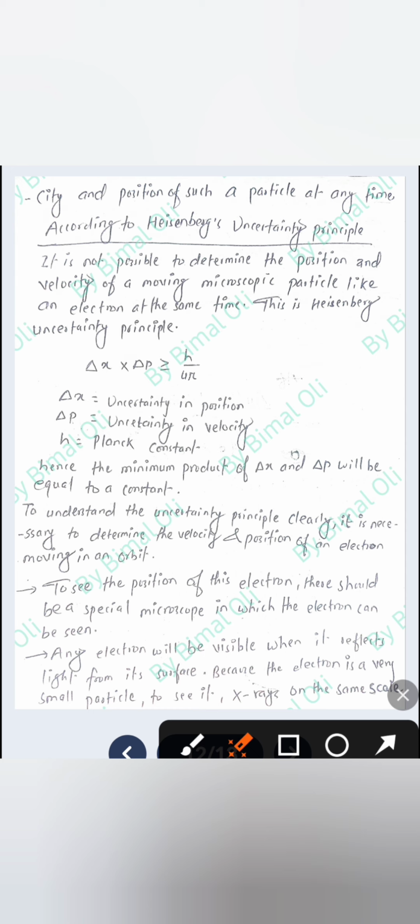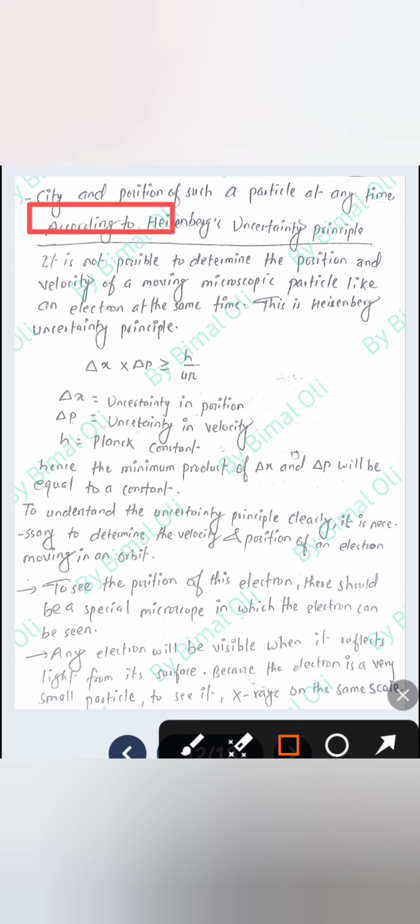Classical mechanics states that the velocity or momentum and position of a moving electron can be determined simultaneously. It is possible. But on the other hand, Heisenberg said exactly the opposite.